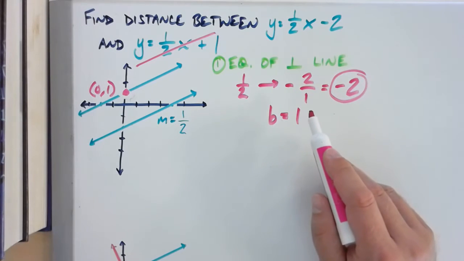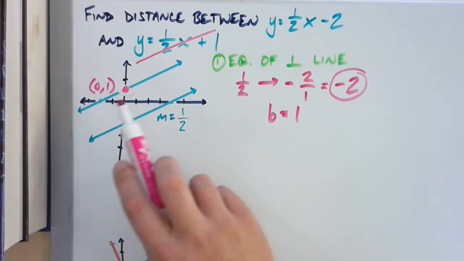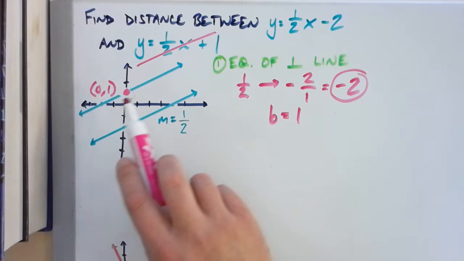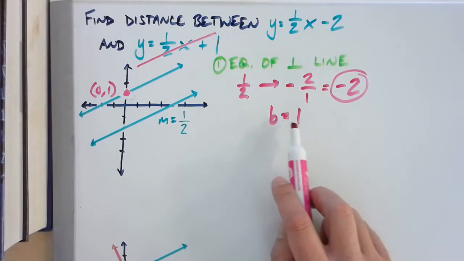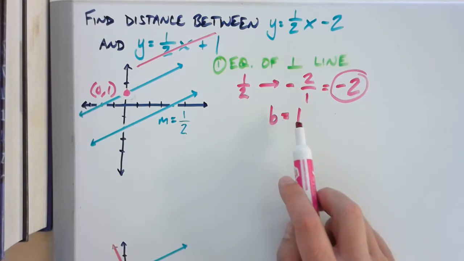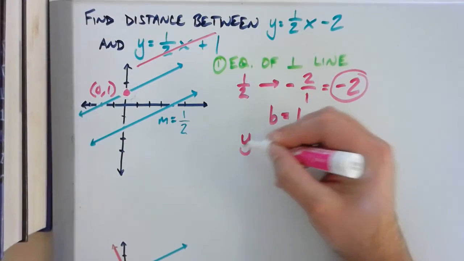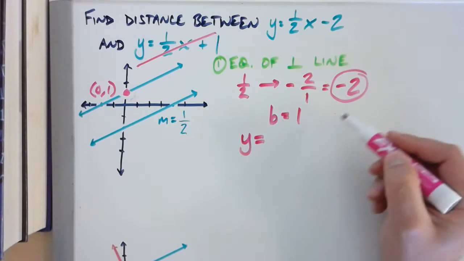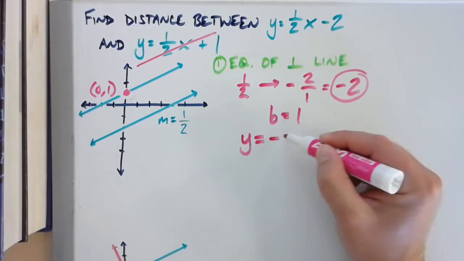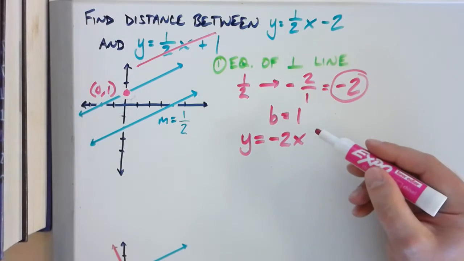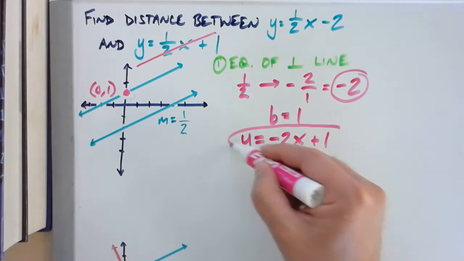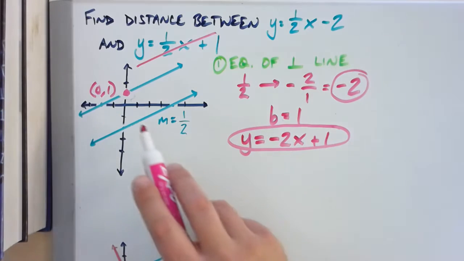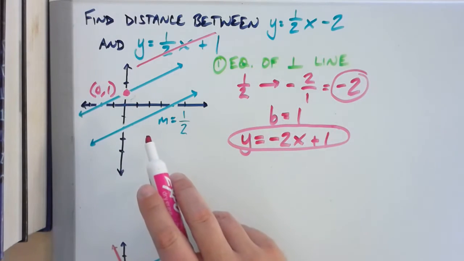Before, I would have had to use point-slope form to find my y-intercept, but because I got to choose any point I wanted along that other line, choosing the y-intercept made that piece of work go away, because that's the y-intercept itself. So my equation of the perpendicular line, mx plus b: there's my m, negative 2x, plus b, plus 1. There is the equation of my perpendicular line connecting that point to this line.